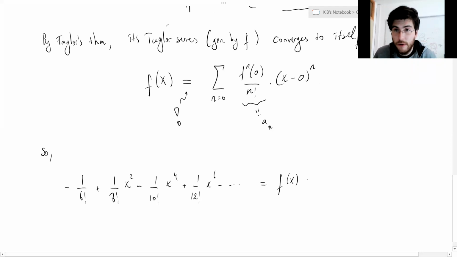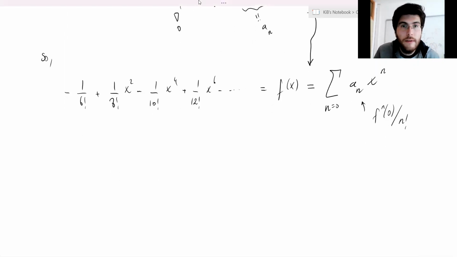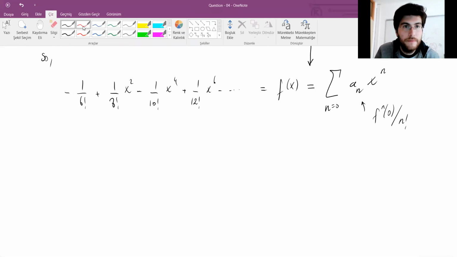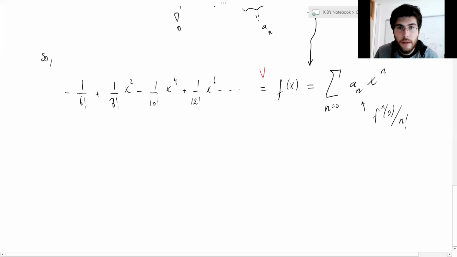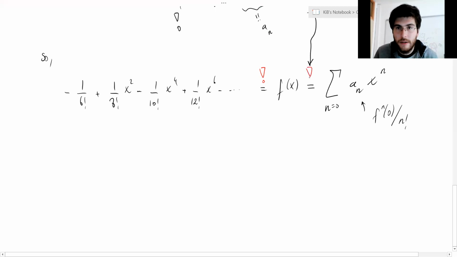We already know this information. Thanks to this theorem, it tells us that on the right-hand side, you can write everything like this: the sum of a_n x to the n. Here the a_n's are f to the n at 0 divided by n factorial. This is amazing. This is not true in general. So this part is important, and this part is important.